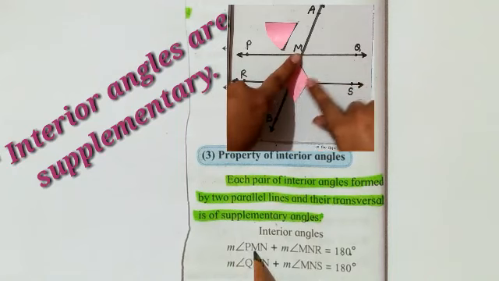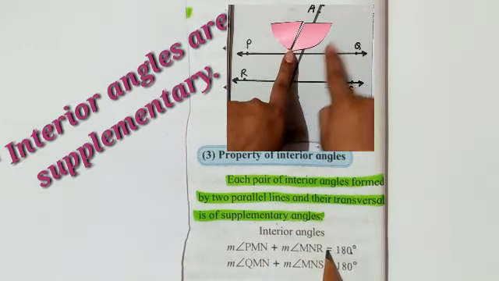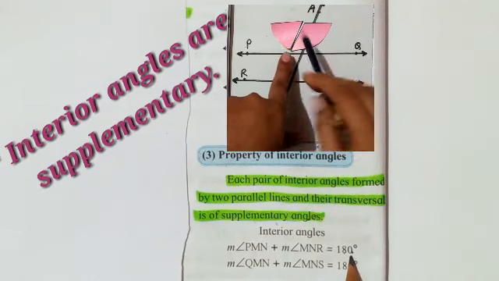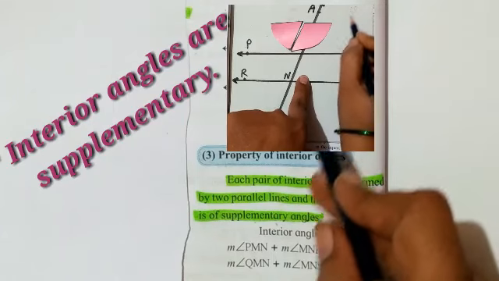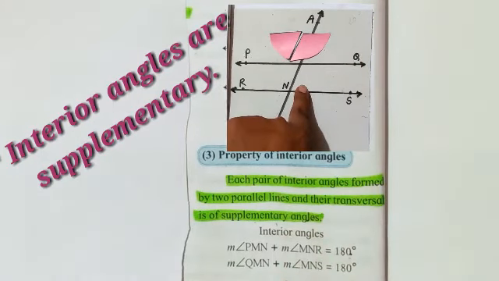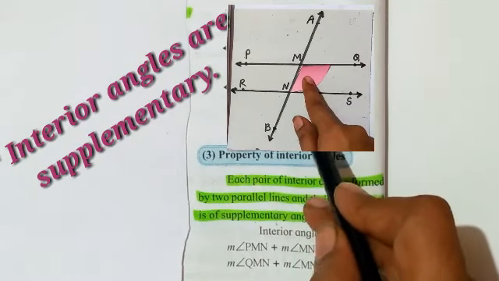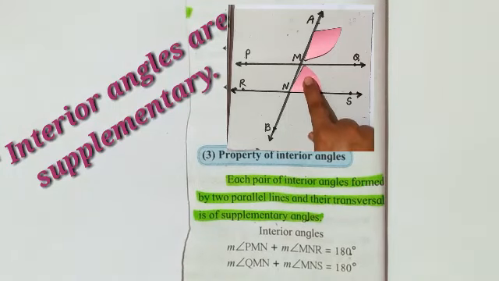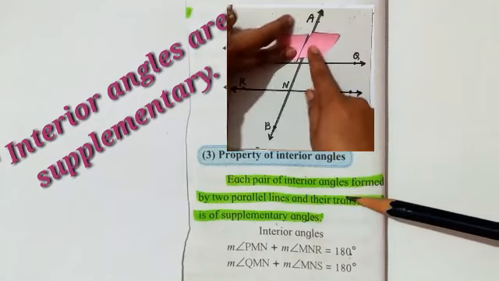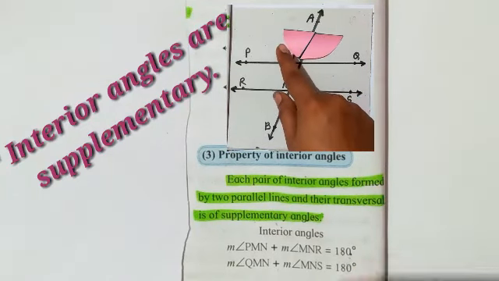If we join them, then we get a semicircle. The measurement of a semicircle is 180 degrees. Another pair is angle QMN plus angle MNS, the other pair of interior angles. If we join them again, we get a semicircle. The measurement of a semicircle is 180 degrees.